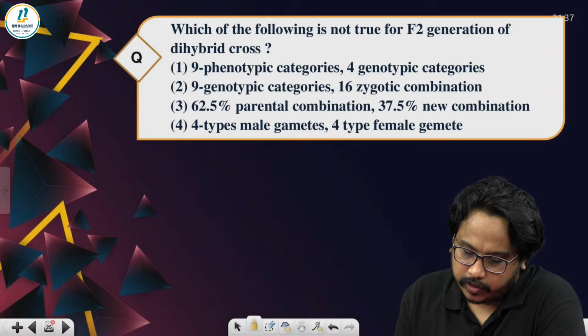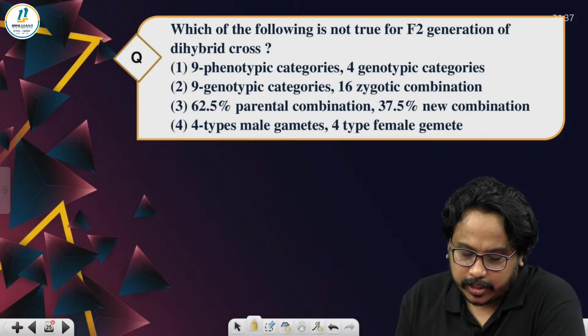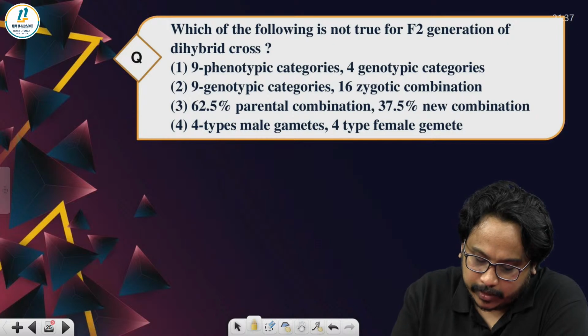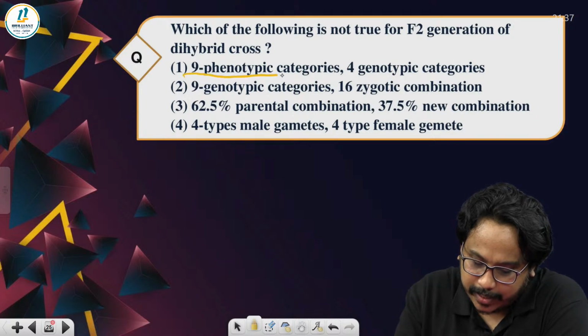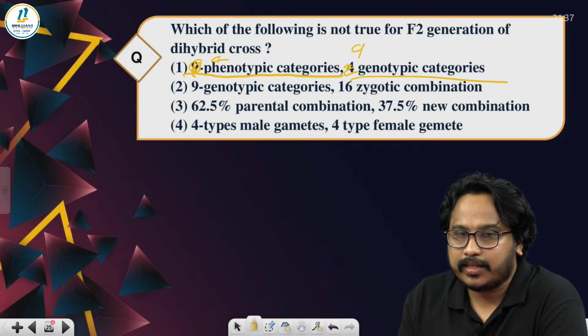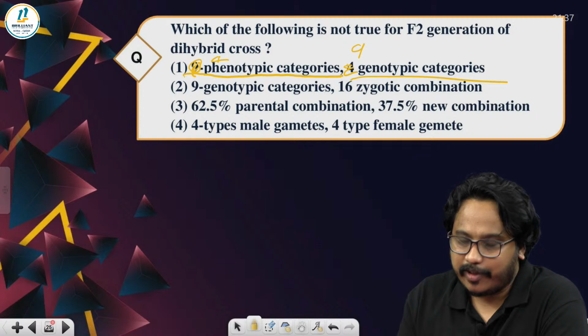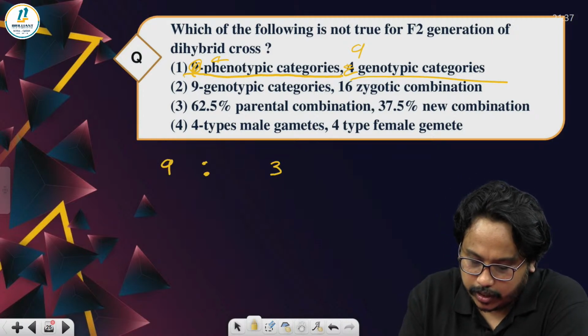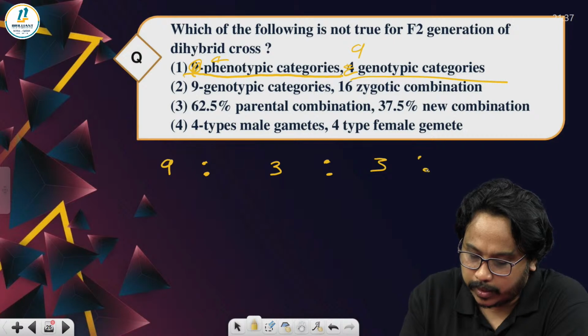Next question, which of the following is not true for F2 generation of a dihybrid cross? Dihybrid experiment you already know, it's not having 9 phenotypes, it's having only 4 phenotypes and 9 genotypes. For example, stem height and the seed shape. If a cross is conducted, they were getting a ratio of 9:3:3:1.